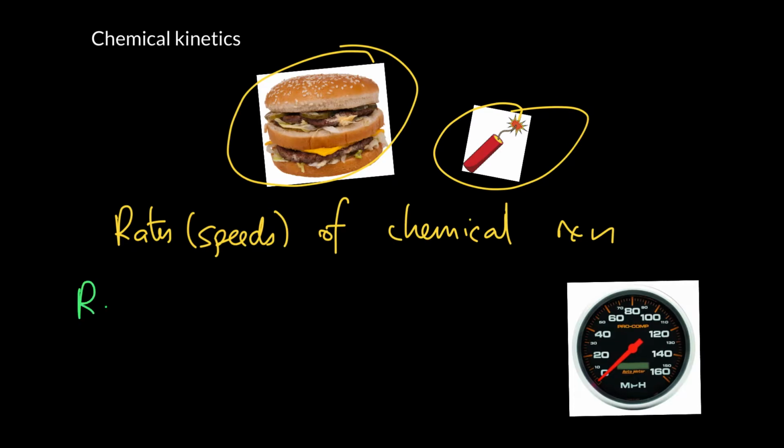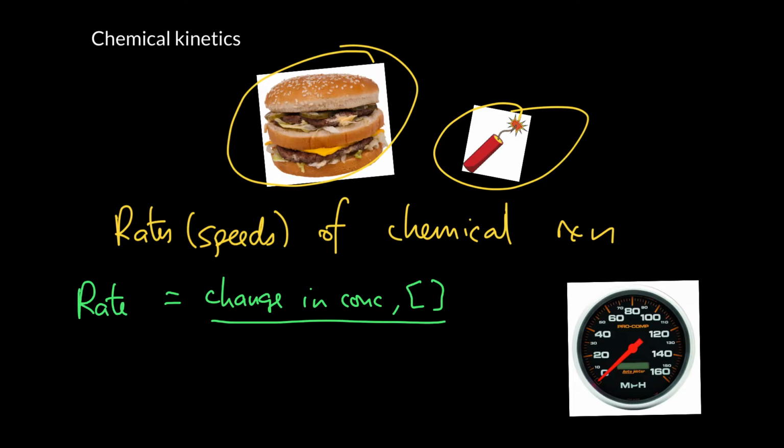We're going to say that the rate of a reaction is equal to the change in the concentration of something, normally the molar concentration, in square brackets, divided by the change in the time over which this occurs. So it's the change in concentration, delta concentration, over the change in time, delta t.